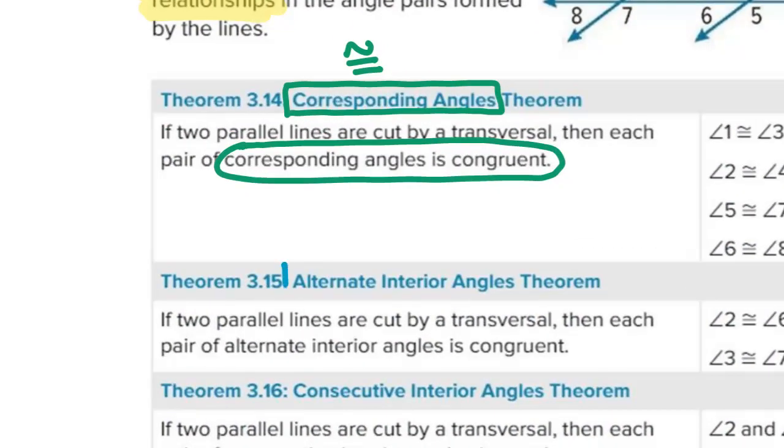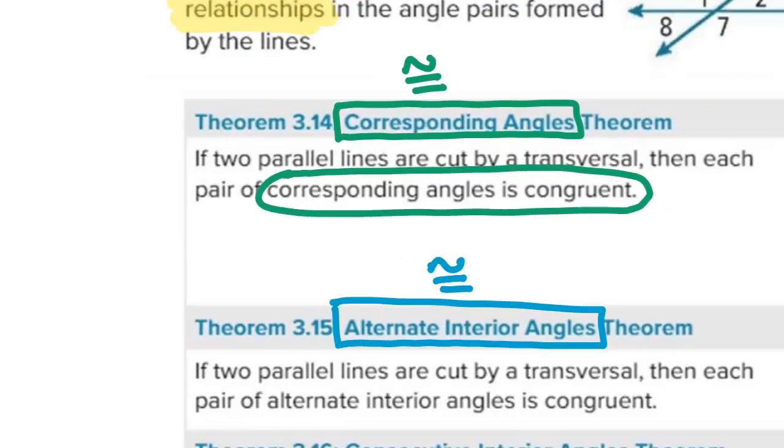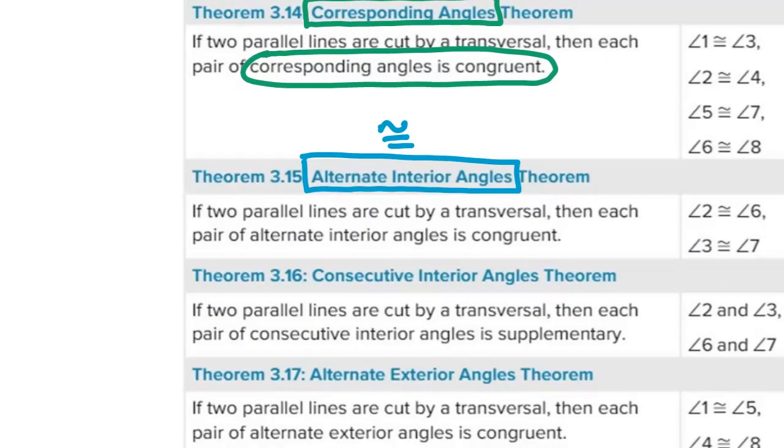Alternate interior angles are also congruent. Theorem 3.15, called the alternate interior angles theorem: if 2 parallel lines are cut by a transversal, then each pair of alternate interior angles is congruent.